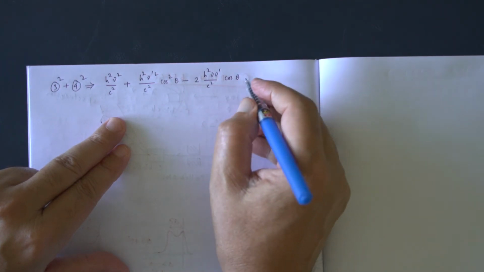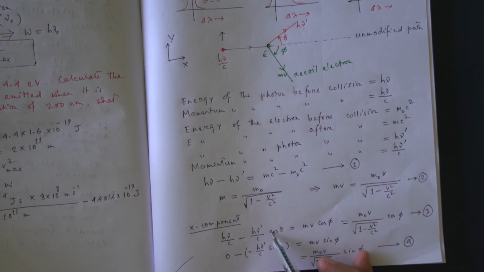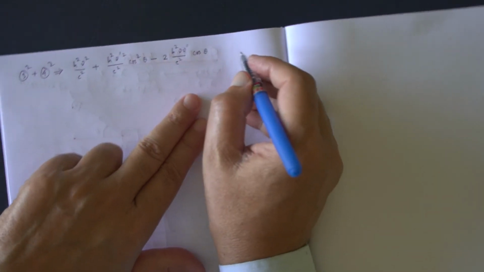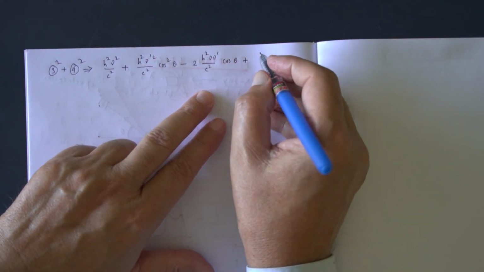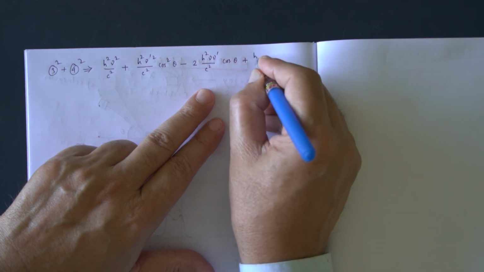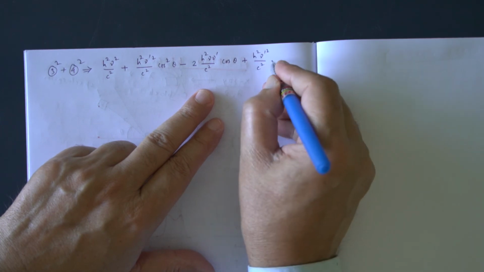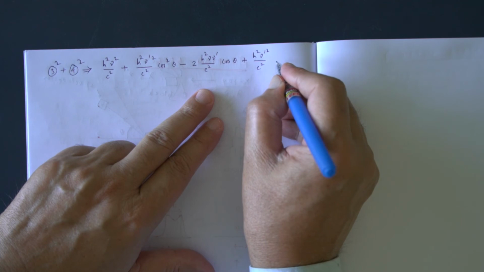a minus b whole square, then plus this square, h square nu dash square by c square sine square theta.